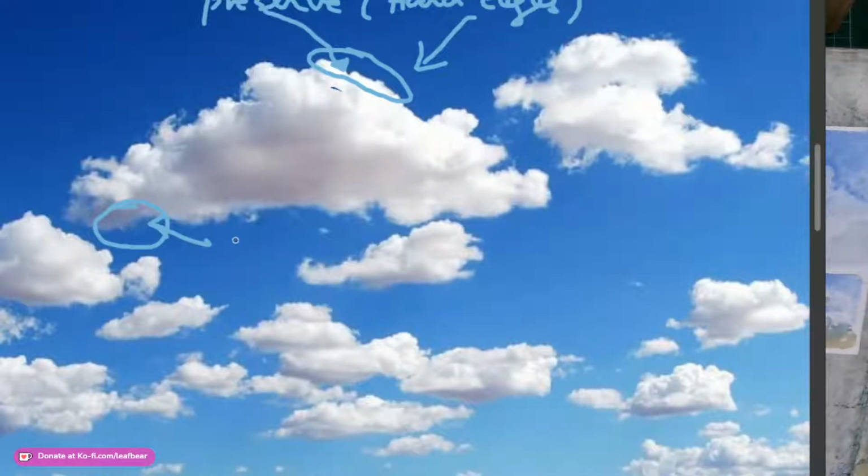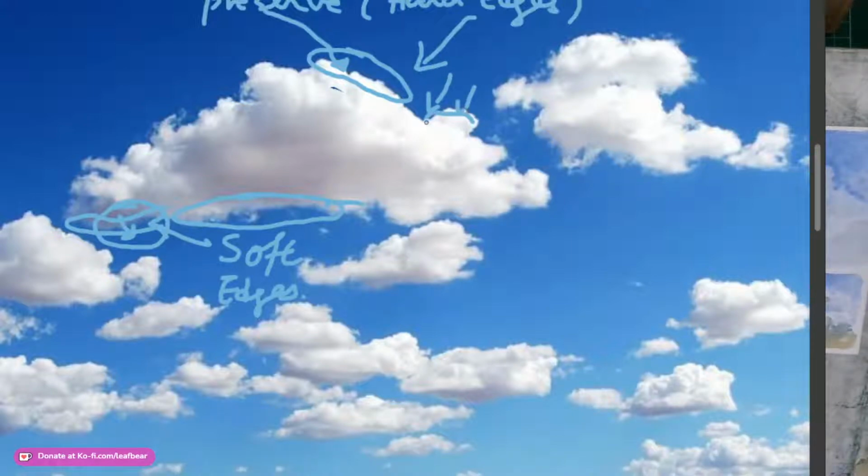And for this part, we'll be using soft edges, meaning that we'll probably have to wash out the lines here. Just let it blend into the background or the sky. So similar here, like the whole shadow part. But this part, right, you can see all these hard edges here.